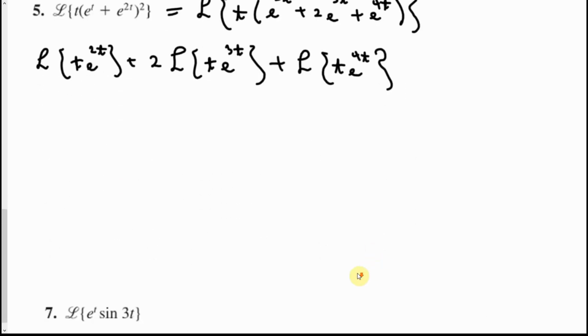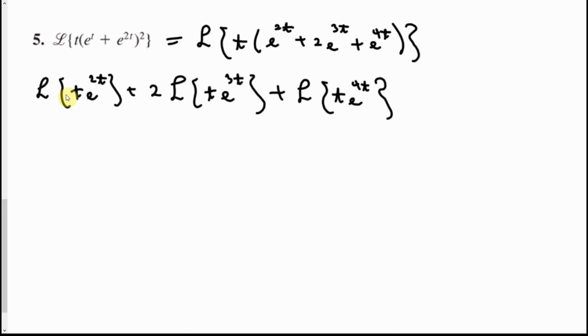And maybe by now you get it. So this is the Laplace transform of t, which is 1 over s squared, but s goes from s to s minus 2. So we're going to say 1 over s minus 2 squared, plus a 2 there, right?